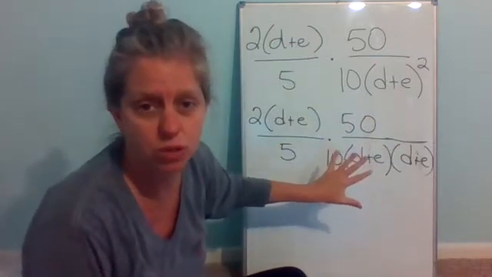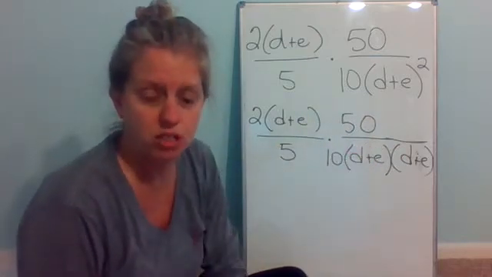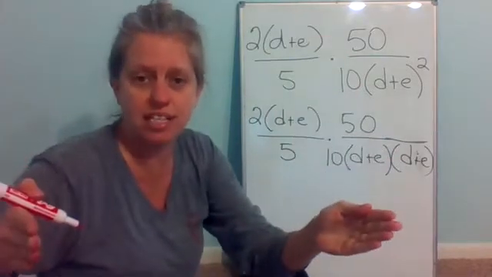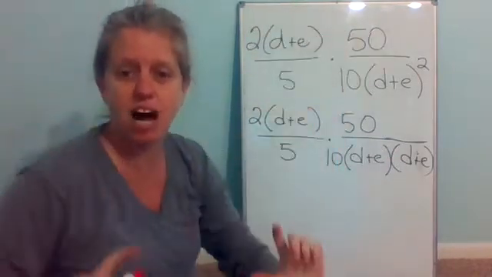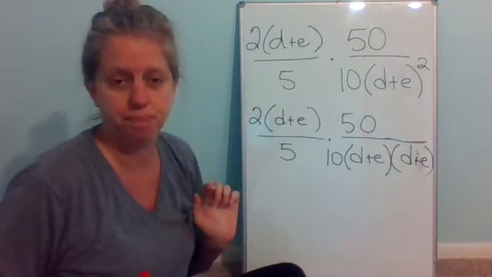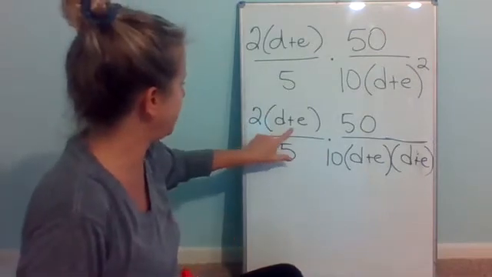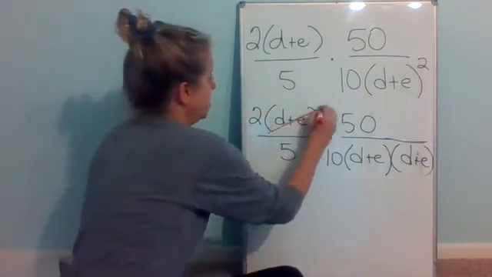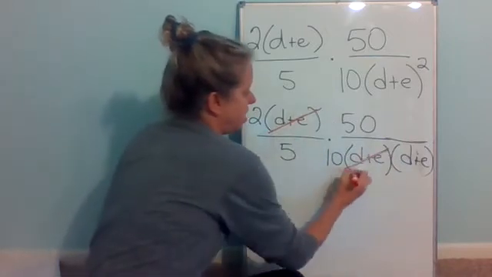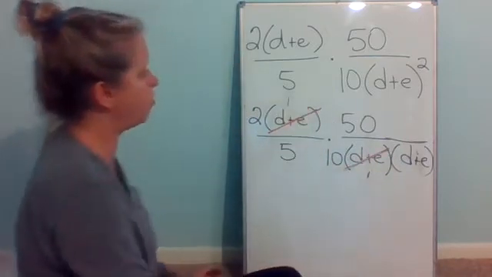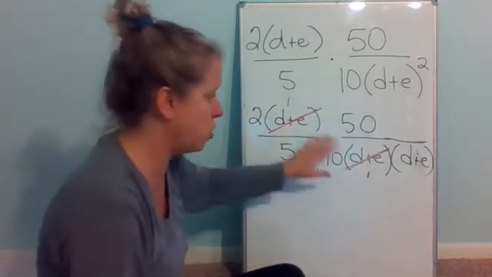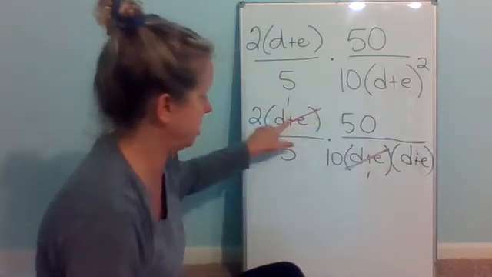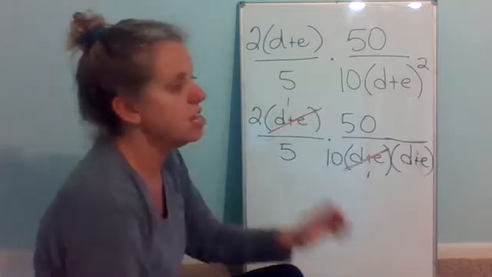All I'm going to cancel before I do my multiplication is any parentheses that are the same in the top and the bottom. So let's see, this (d plus e) right here can cancel one of these. So that's going to go away. So it only cancels one of them. Can't cancel both of them unless you have 2 of them up here too.